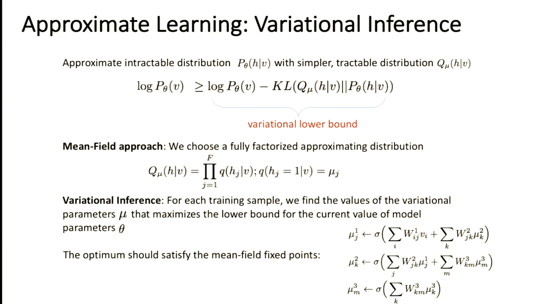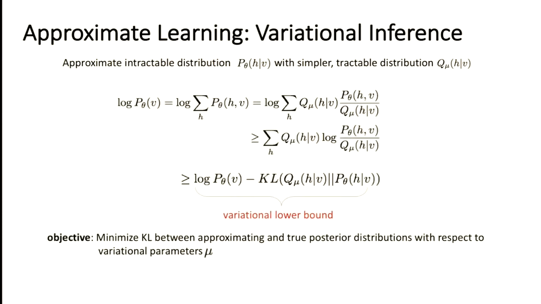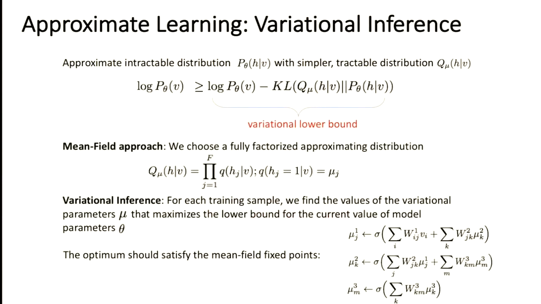And what this variational inference procedure is going to do is that for each training sample, we find those values of the variational parameters mu that maximize this lower bound that we have seen previously, for the current value of the model parameters theta.